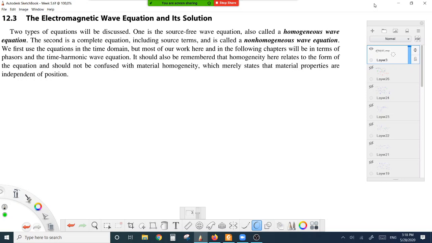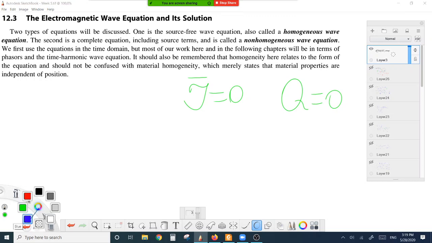Two types of equations will be discussed. First is the source-free wave equation. Source-free means there are no current densities and no charges. We will discuss the source-free wave equation first, which is also called a homogeneous wave equation.